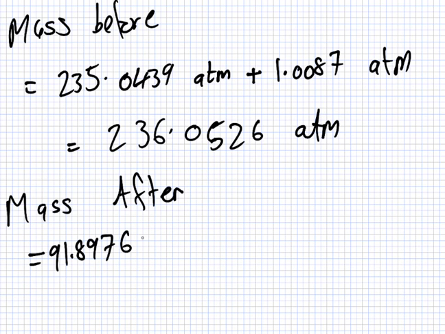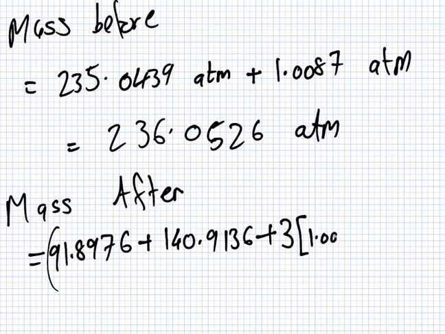Afterwards we have our krypton, 91.8976, plus our barium, 140.9136, plus 3 neutrons, 1.0087, and this is atomic mass units. So what's this number, please?